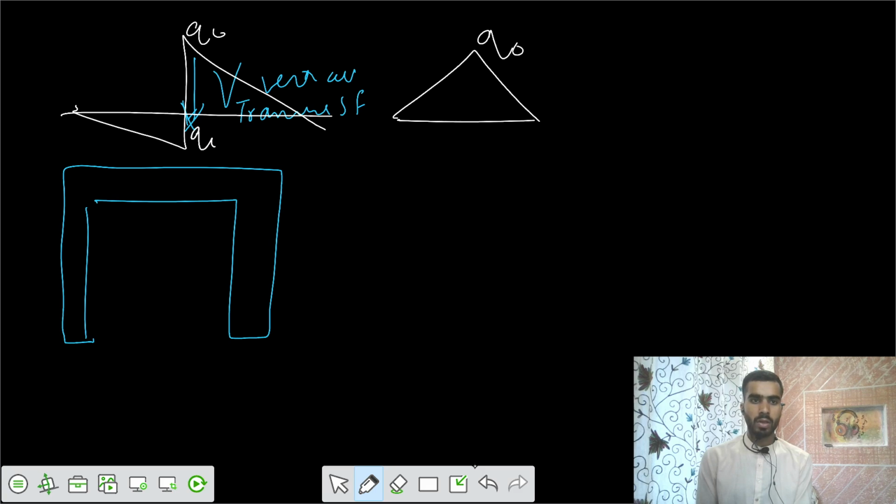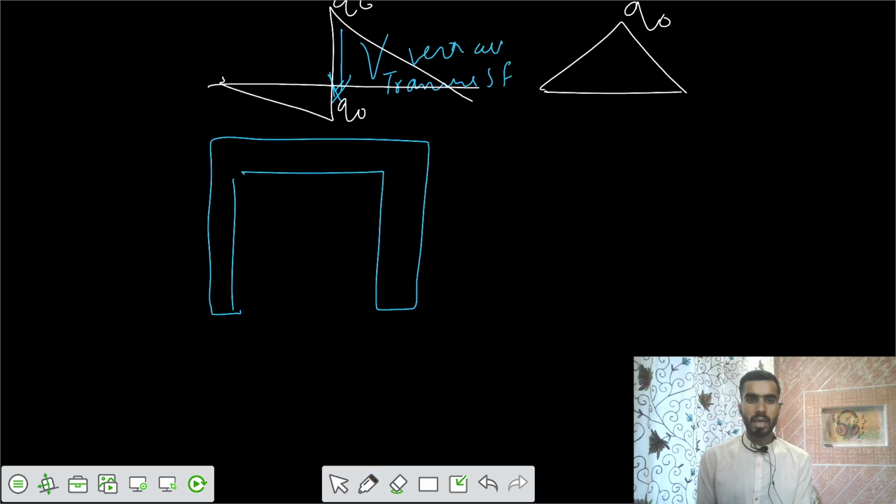And similarly for those sections in the vertical, there would be some shear flow, and it goes by some parabolic nature.